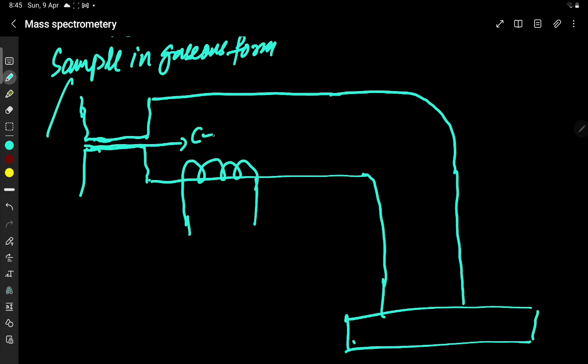So let's say this is the compound, and electrons are bombarded over here, and it is going to split into positive ion molecules.